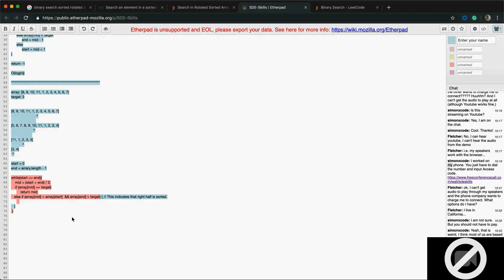Why don't you write that condition inside the else if condition? Okay, I will include. Array of mid is less, that means the right half is sorted.